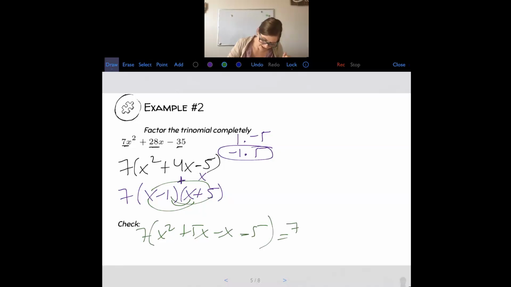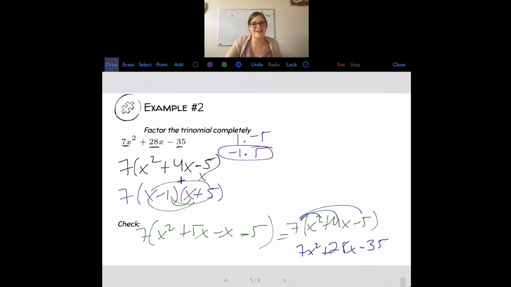So we would have 7 times x squared plus 4x minus 5, and then we could distribute that. If we distribute the 7 times x squared, 7 times 4x, and 7 times negative 5 gives us 35.